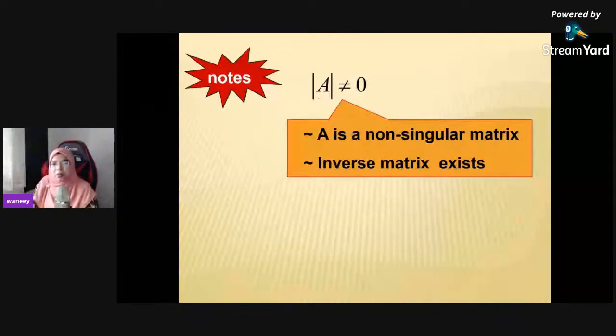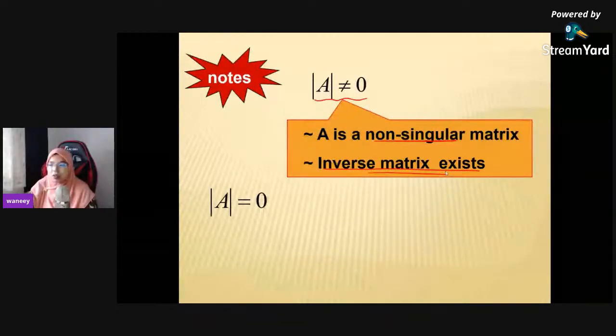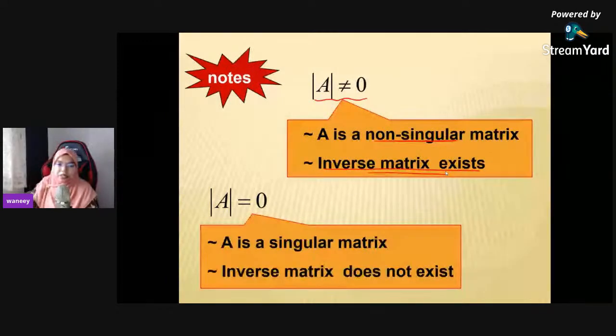So if the determinant is not equal to 0, A is a non-singular and the inverse matrix will exist. However, if the determinant is equal to 0, it simply means that A is a singular matrix. So the inverse matrix does not exist. So yang ni dia tak ada lah. A inverse tu tak ada. Inverse matrix exists. So that means we can easily calculate A inverse.